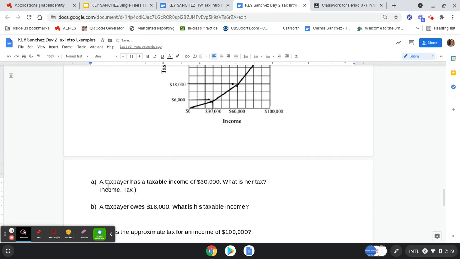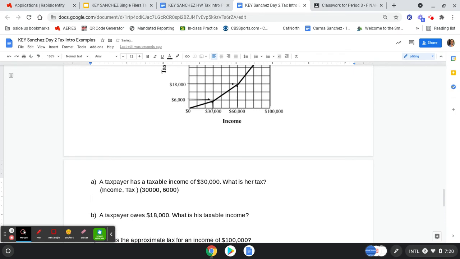It's like an X comma Y input output of income versus tax. So in this case, for a 30,000 income, tax would be 6,000. Do you see that those are the coordinates? And so the answer to this one, the tax, is $6,000 tax.